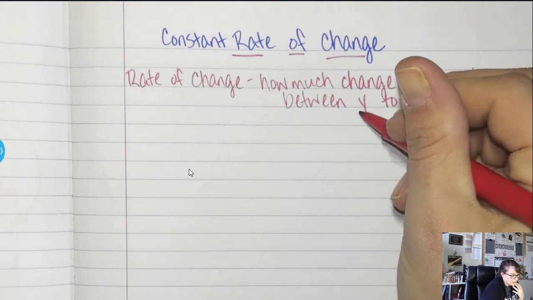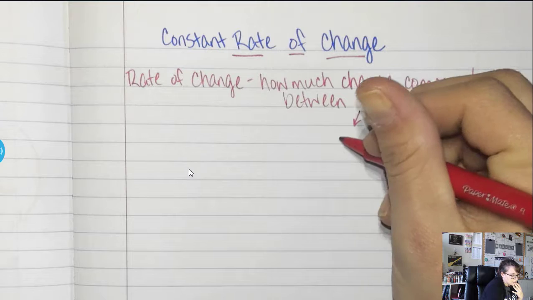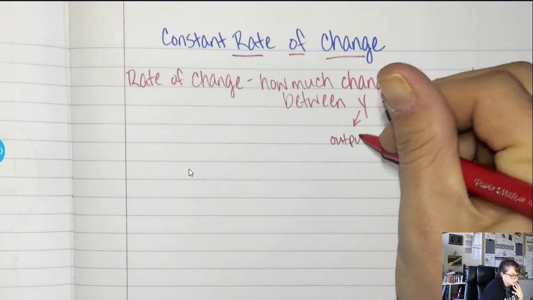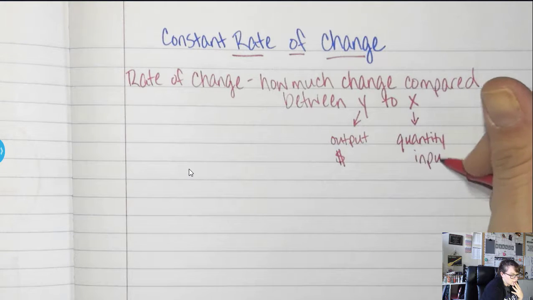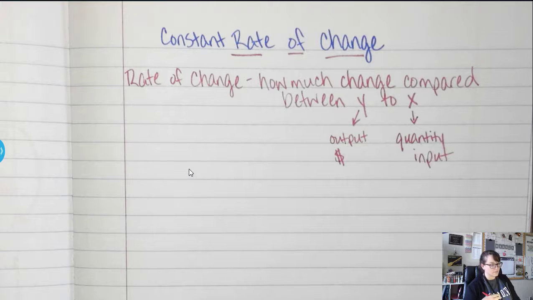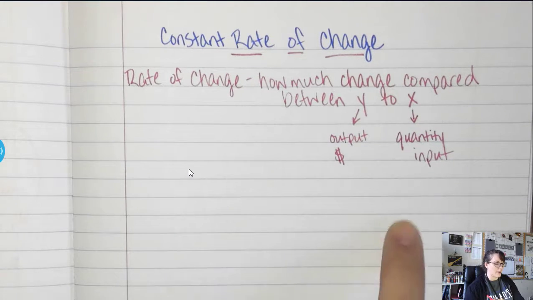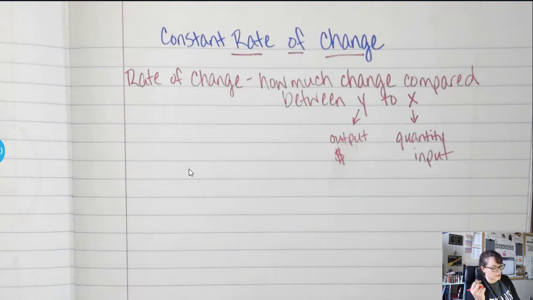This is usually cost. So this is the quantity, this is output. Cost, input is x. We put in x, we get out y. So I go to the store, I buy 5 Bath & Body Works bulb things. I get out $18. Just smeared it.